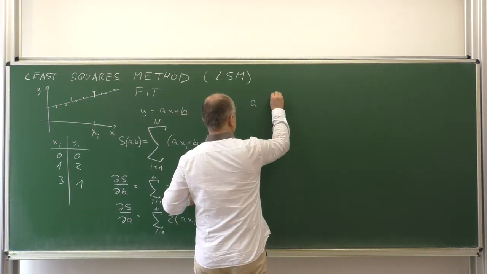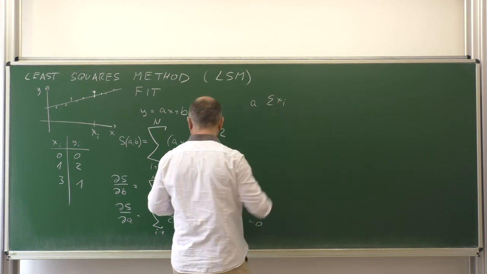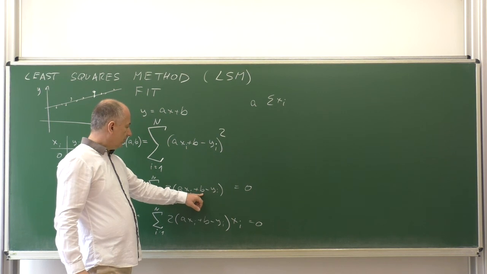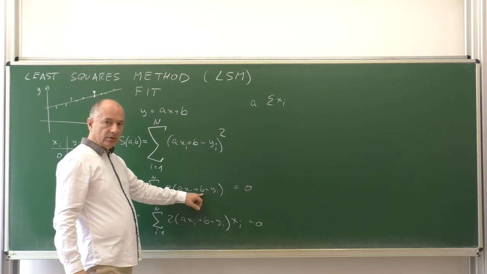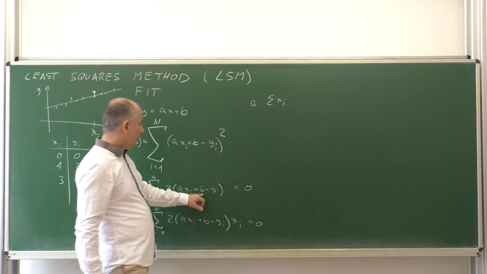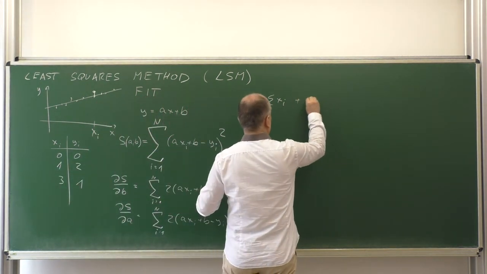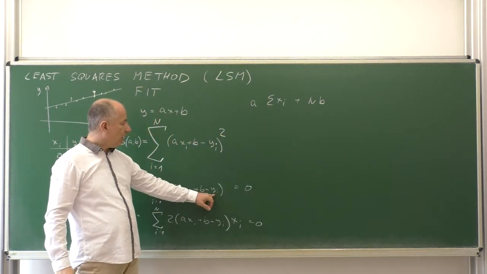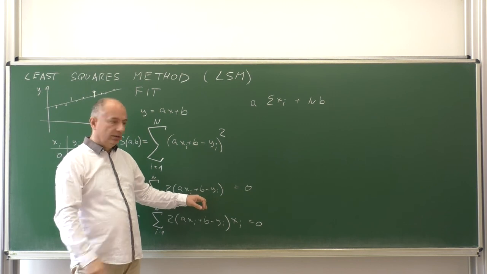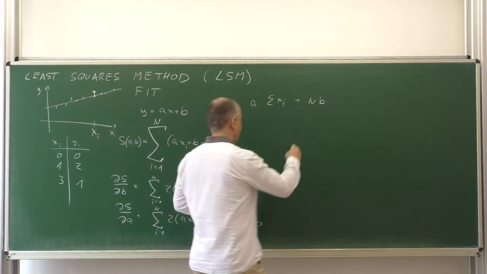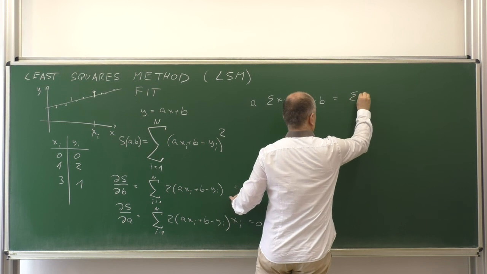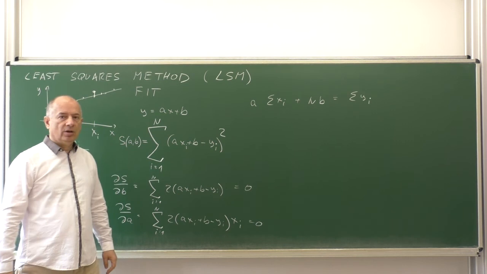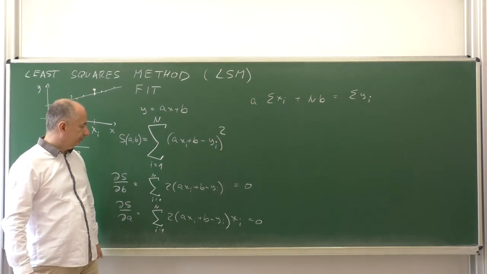And we have a, sum of xi, plus n times b, since summing b gives nb, and we move the sum of y to the right by adding this expression. So we have the sum of y on the right. Each sum means sum for i running from 1 to capital N.